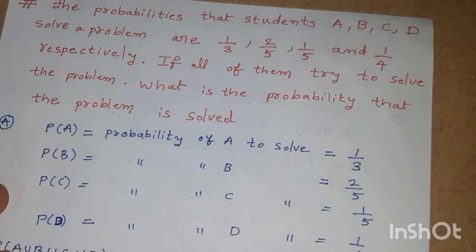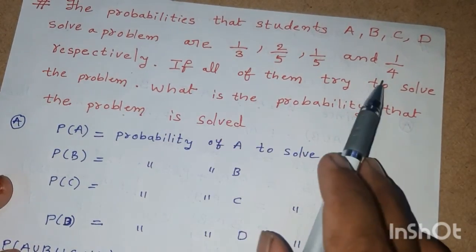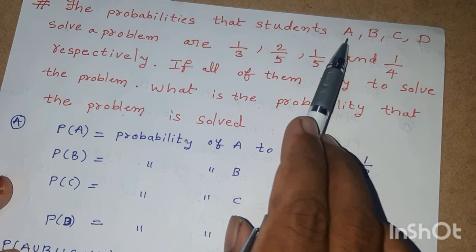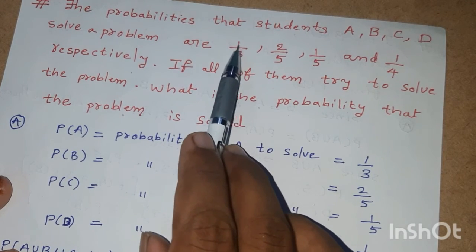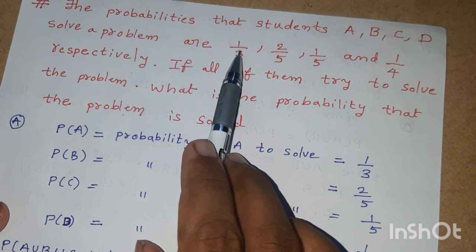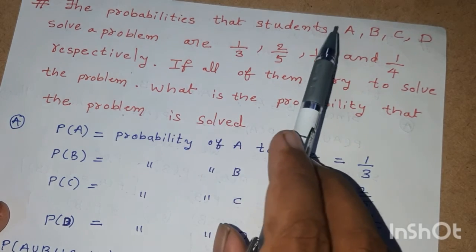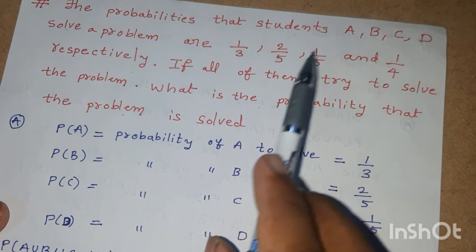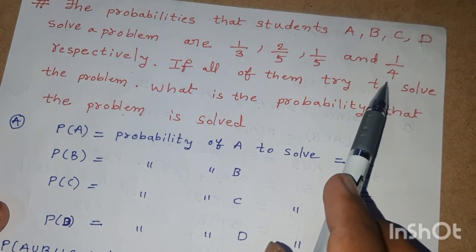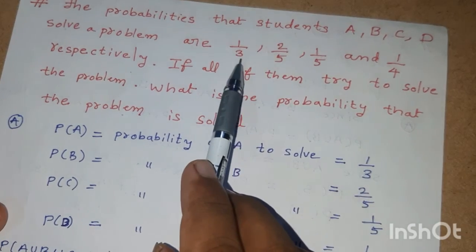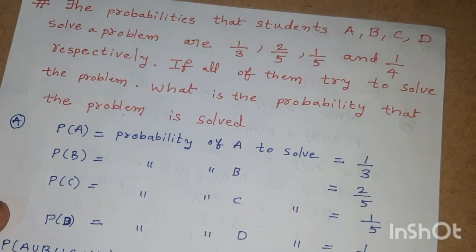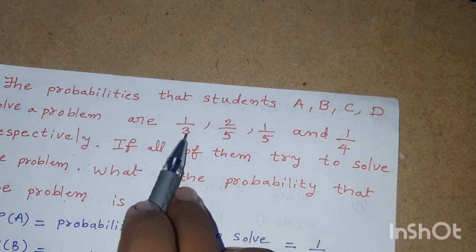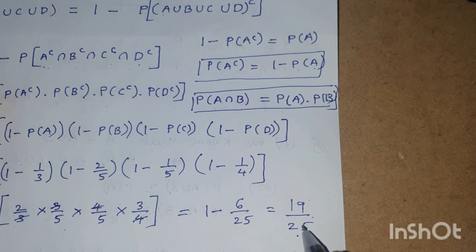Also we can notice that if anyone can solve the problem 100%, for example A can solve the problem 100%, its probability is 1, because 1 into 100% is 1. Therefore probability of A is 1, probability of B is 2 by 5, probability of C is 1 by 5, probability of D is 1 by 4. Then after solving the problem by replacing 1 by 3 with 1, we will get 1.